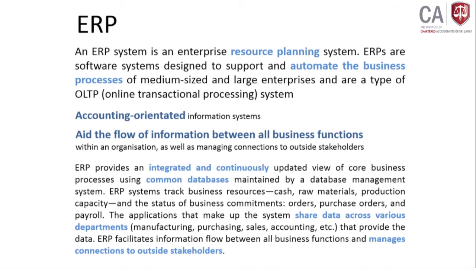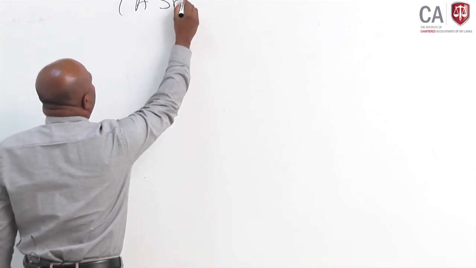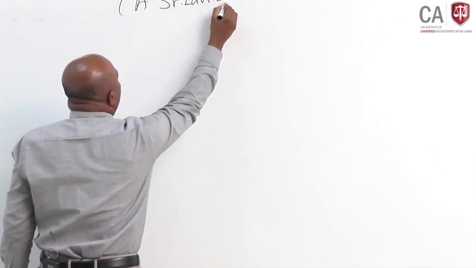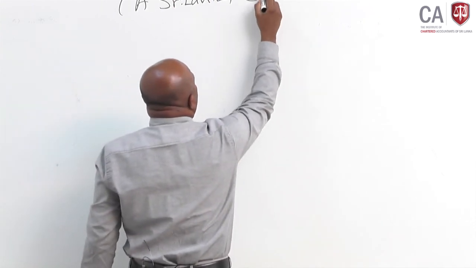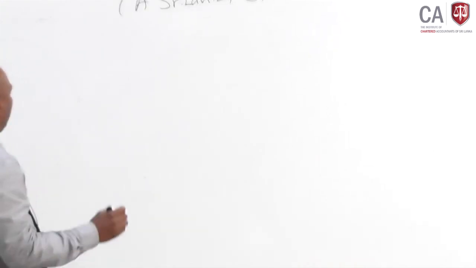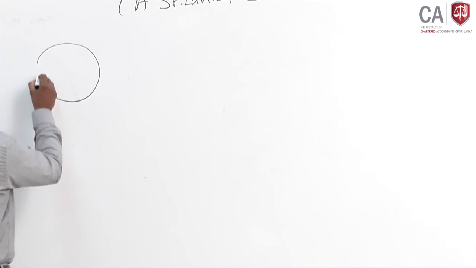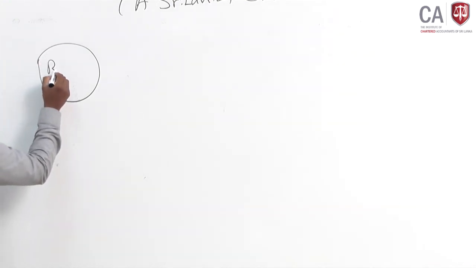So take into mind the concept behind this ERP. We will take an example, Sri Lanka ERP. So you have one entity called the registration division.